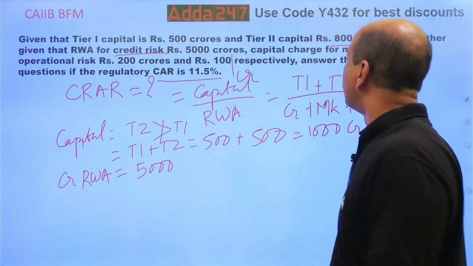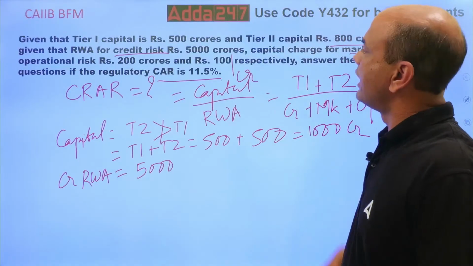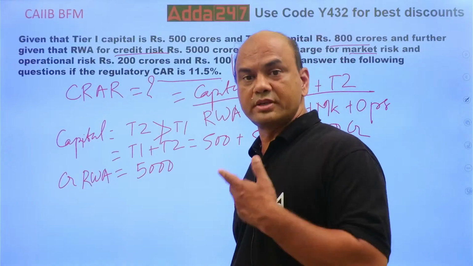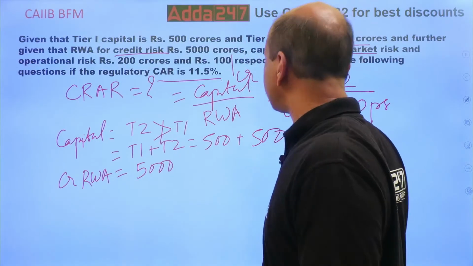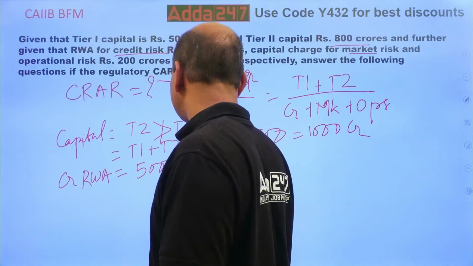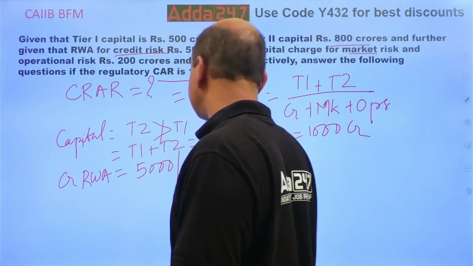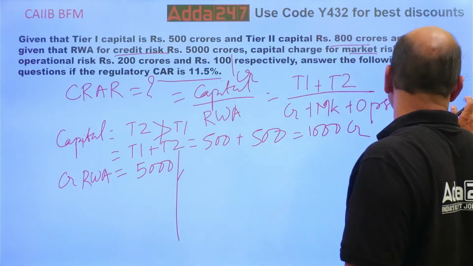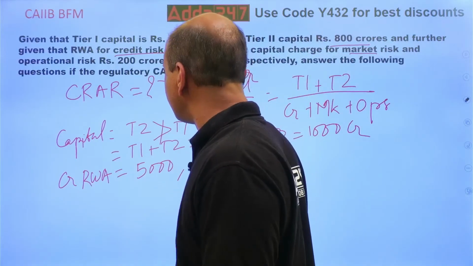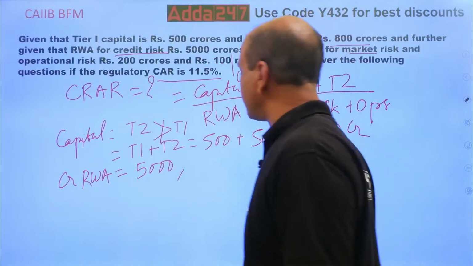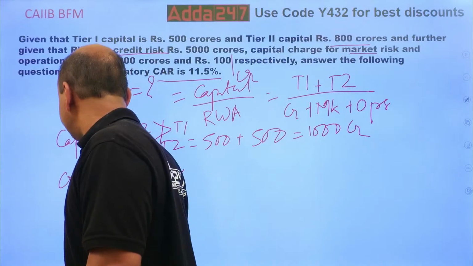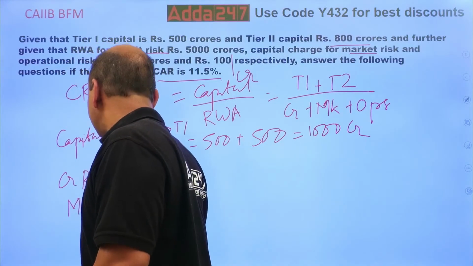Now remaining two, market and ops. For the remaining two, market risk capital charge is given. For market risk, you want RWA.